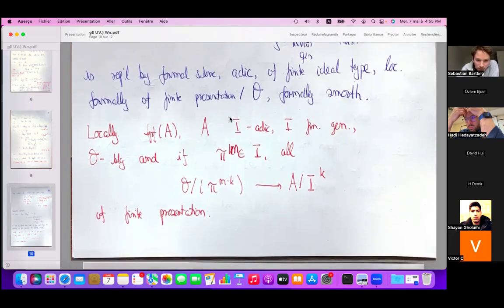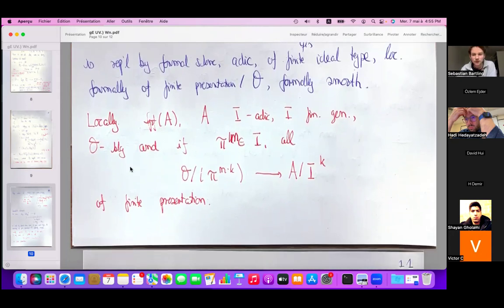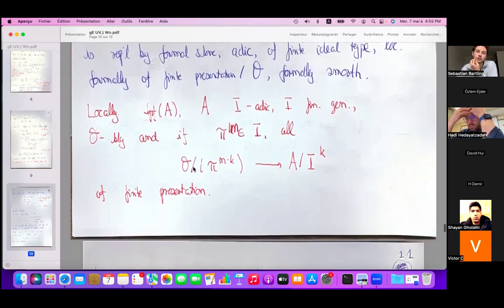And then this formally of finite presentation means the following. A is a continuous O-algebra, so some power of pi lies in I, and I want that these maps O mod pi to the m to A mod I are of finite presentation.